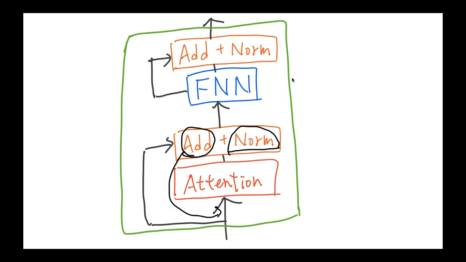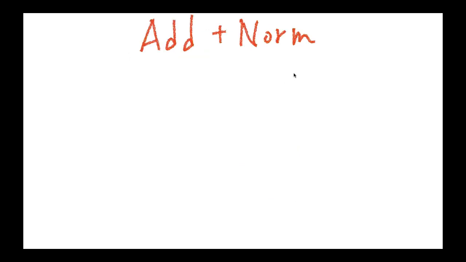You have these after the feedforward layers and attention layers. In fact, all the sublayers have this residual connection and layer normalization after that. So let's look at how the residual connection, which is the addition operation, and layer normalization work.